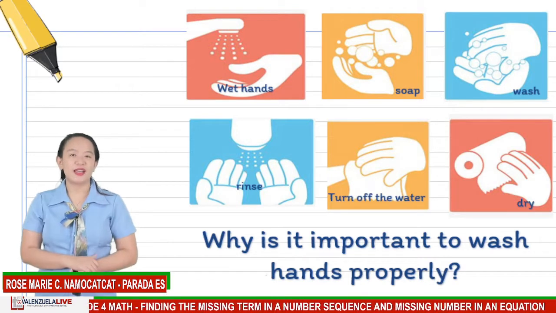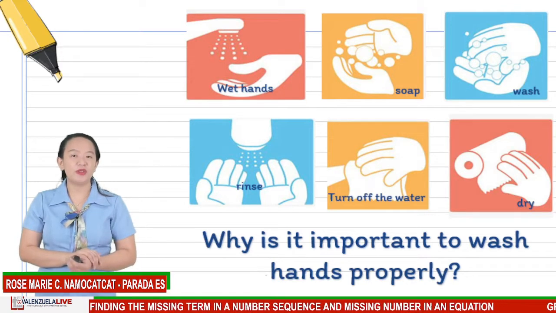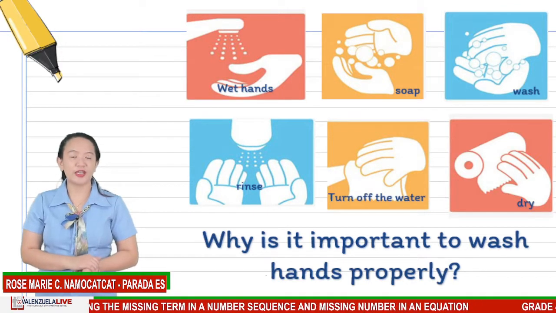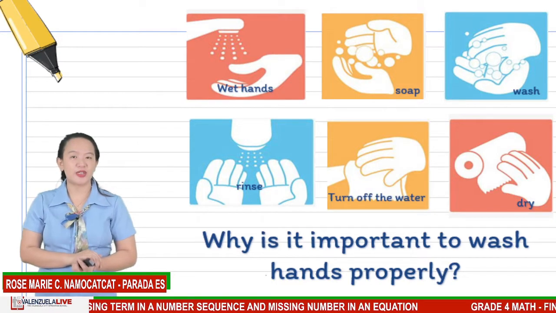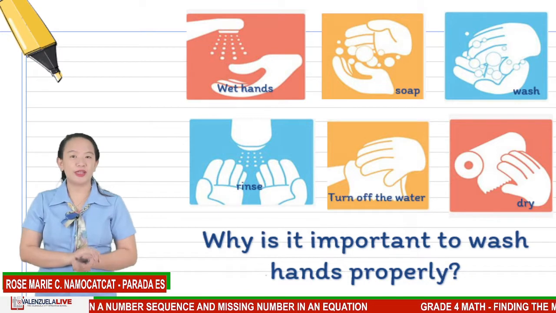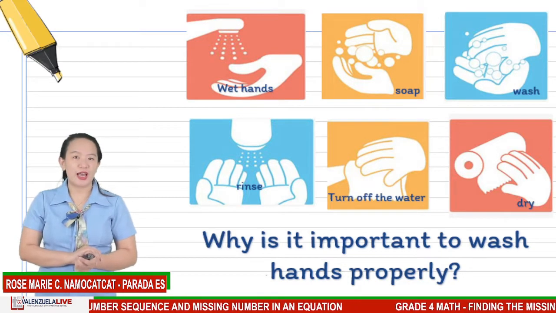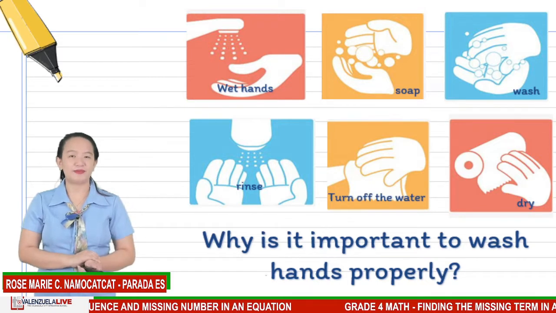It is important to wash our hands properly to remove all the dirt in our hands first, and also to prevent the entry of the different viruses in the different parts of our body. So, you should always keep washing our hands properly.